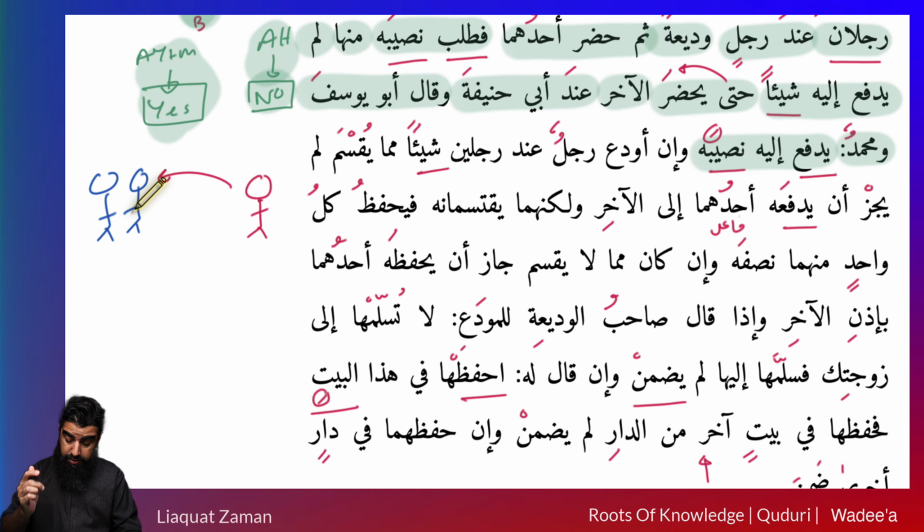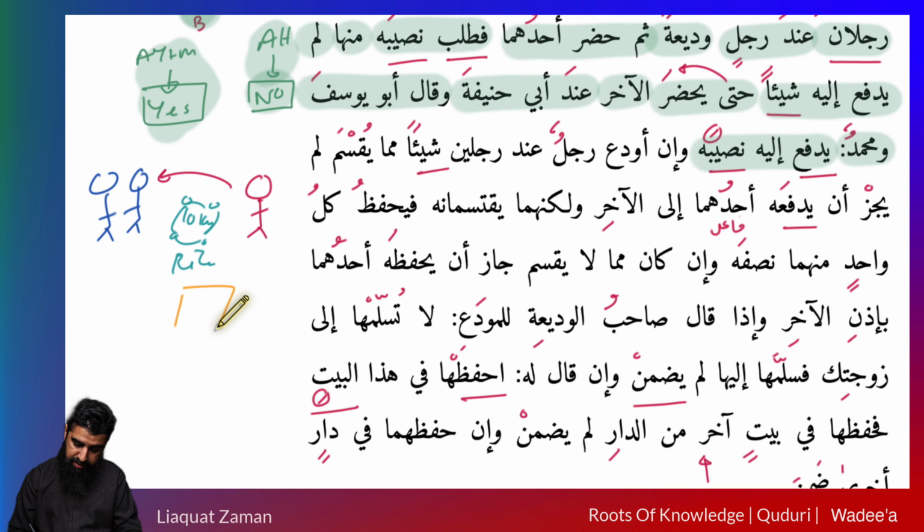There can be two scenarios basically. One is that it might be rice, let's say 10 kilos of rice. Or it might be something which cannot be divided, like a laptop. You can't divide a laptop, otherwise it gets damaged.